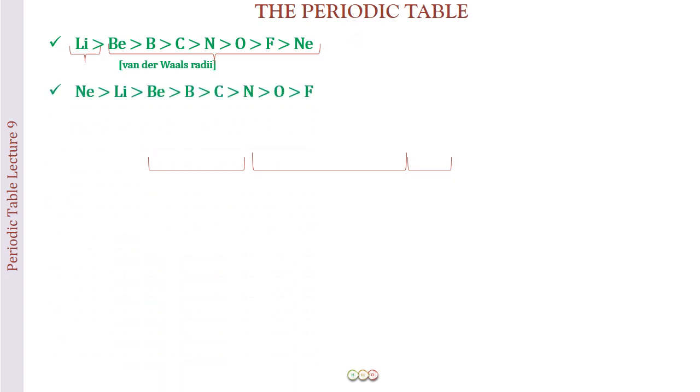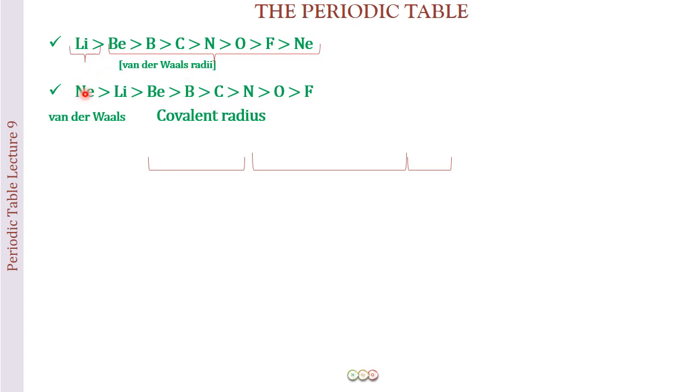But when we consider the van der Waals radius for neon, because for this we can consider only van der Waals radius, and for the rest of the elements we consider the covalent radius, then what is going to be the order of atomic radii?